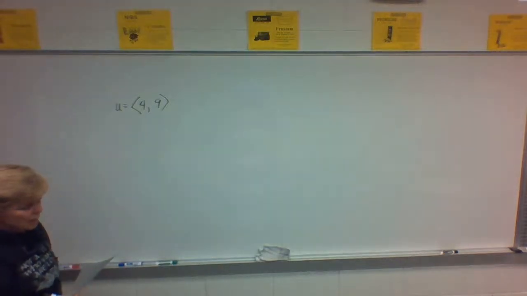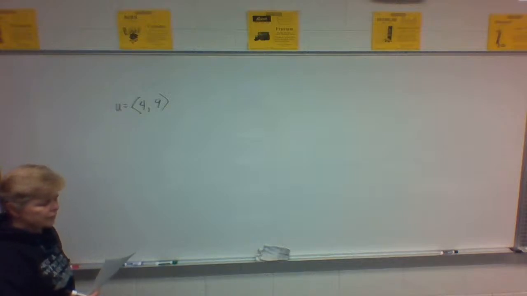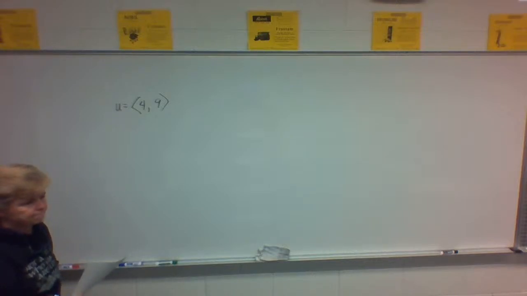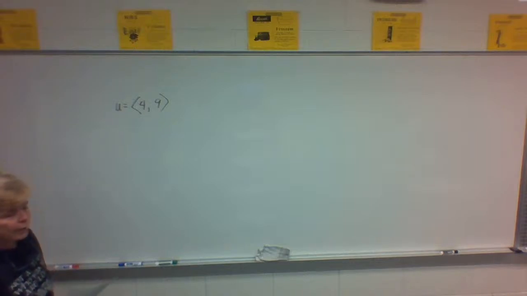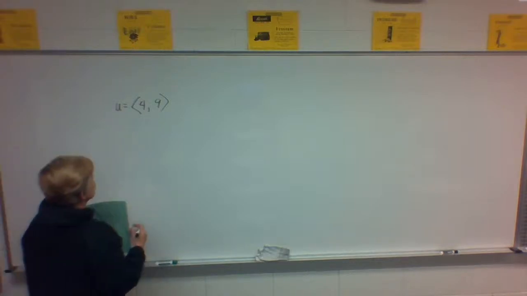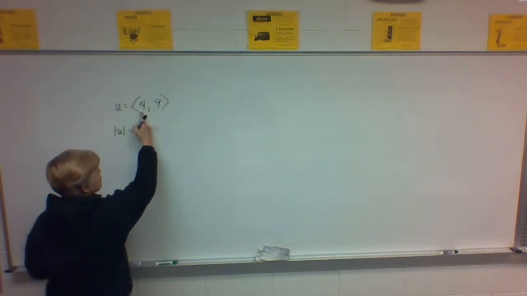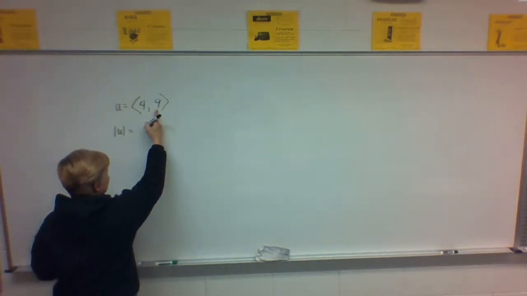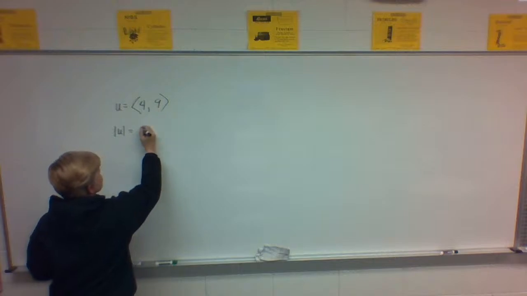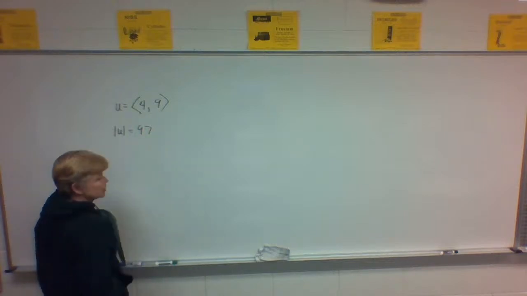It says, find the unit vector in the direction of u and write your answer as a linear combination of the standard unit vectors i and j. So we're going to find the unit vector, and then make sure we write it in the correct form. The unit vector requires you to know the length of u, which is 16 plus 81, which is 97. Did you catch all that?